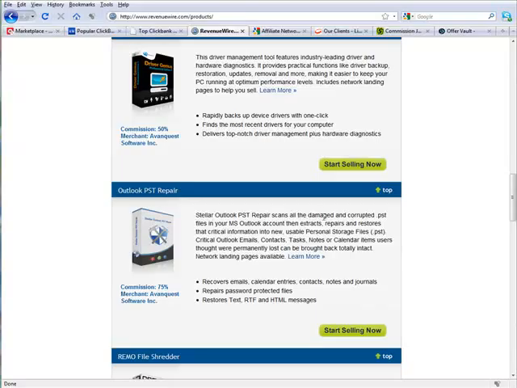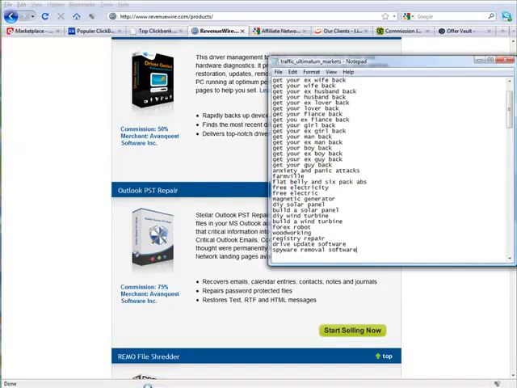Then there's something to do with Microsoft Outlook repair. Outlook is an email program, and I don't know what the problem is, but obviously people who use it can run into problems, and this will help them fix them.